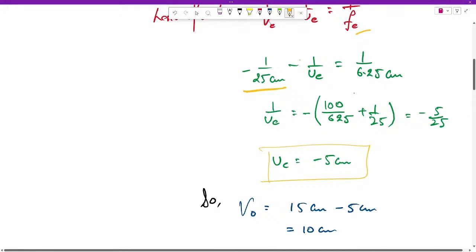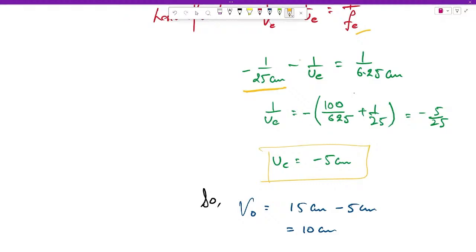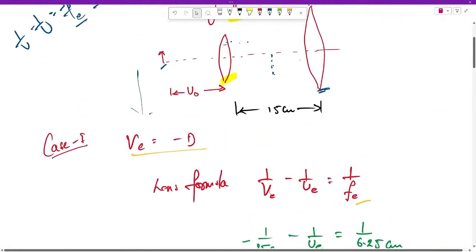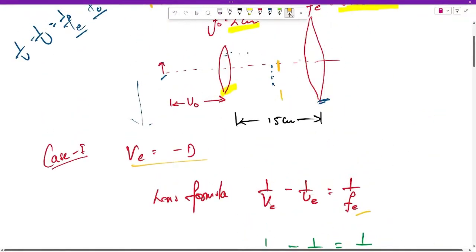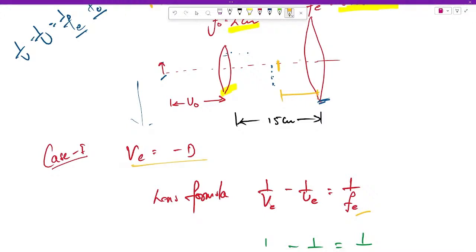So it means that the object for the eyepiece should be at minus 5 centimeter, or with proper sign convention, the object should be at a distance of 5 centimeter from the pole of this lens. Now for the image to form at minus d, the object should be here. What is the distance between this lens and this image?